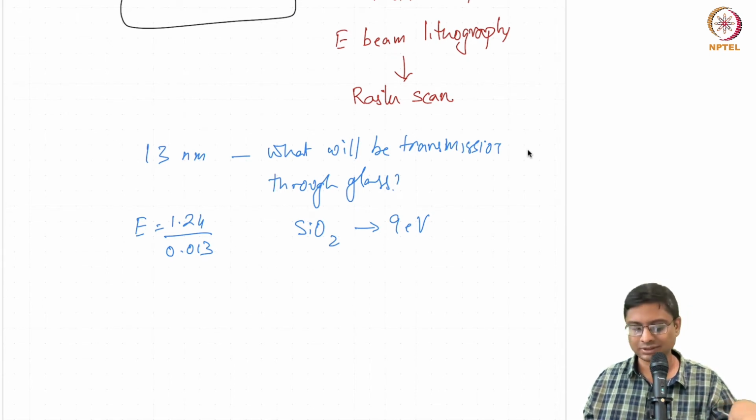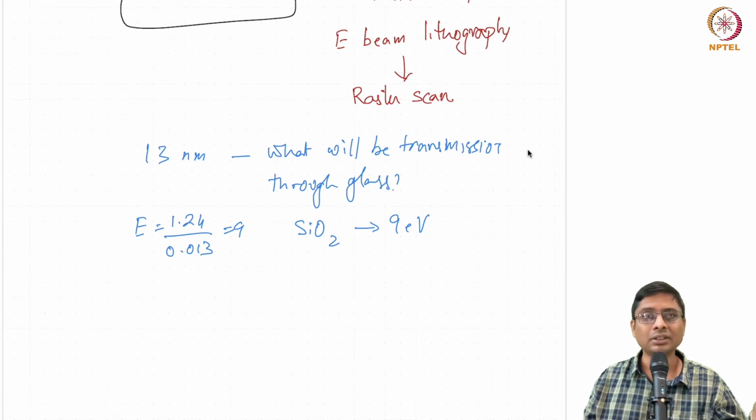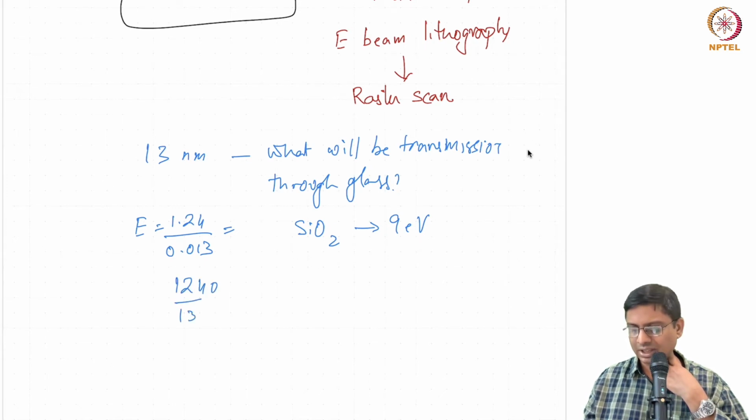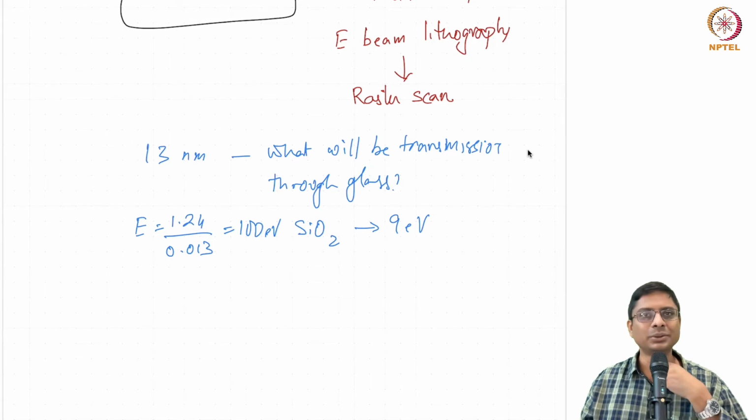How much? 1240 divided by 13. Okay, 100 eV. Okay, fine, roughly. So 100 eV means it's a highly energetic photon. So glass will absorb. You can't focus the light.